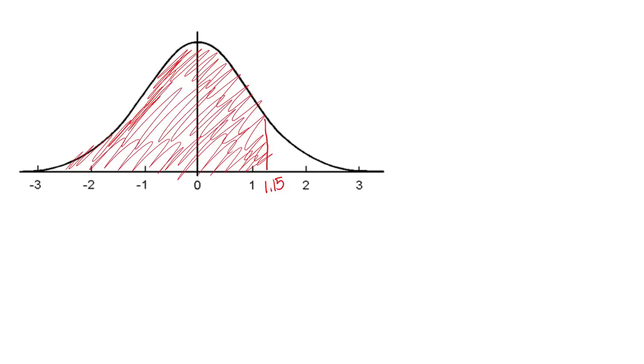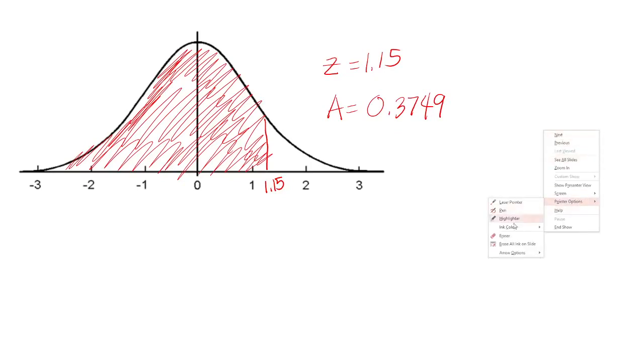That is what we need to find. First, we find the area from 0 to z if z is 1.15. It is 0.3749.